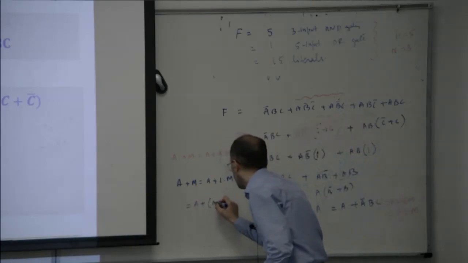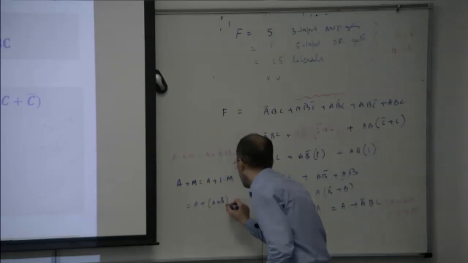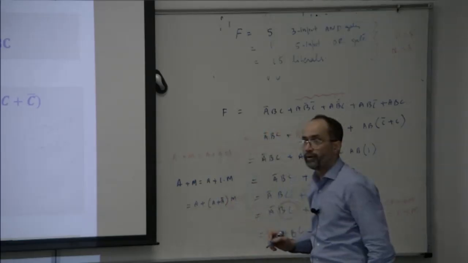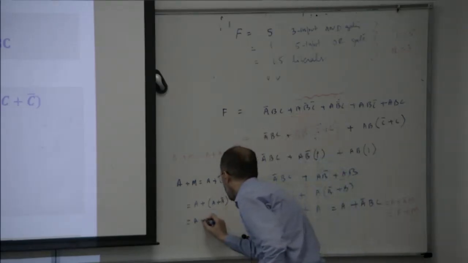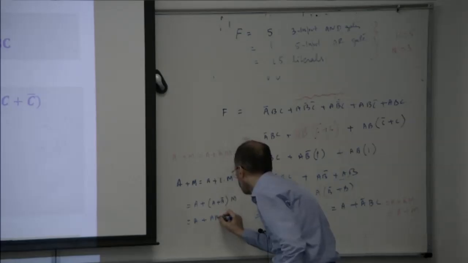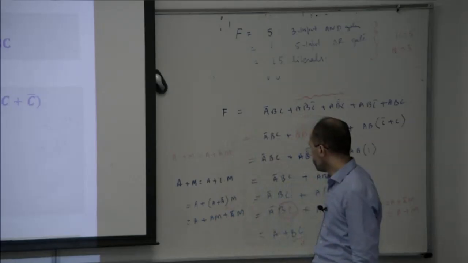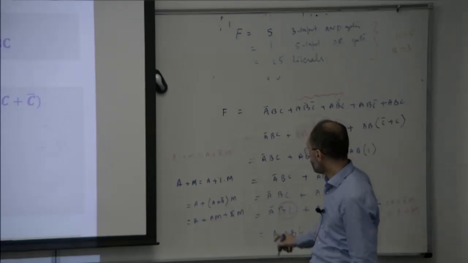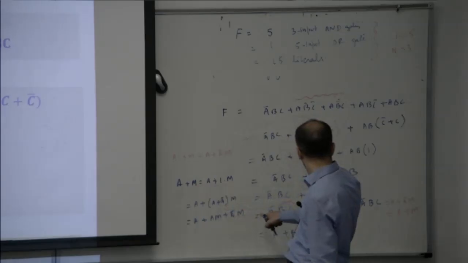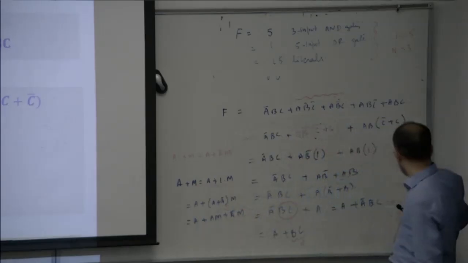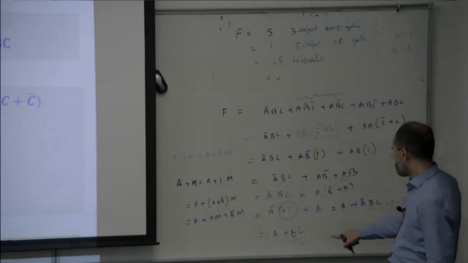A plus A bar M, because what is A plus A bar? 1. A plus AM plus A bar M. A plus M is equal to A plus 1 dot M, and A plus A bar M is equal to A plus M.